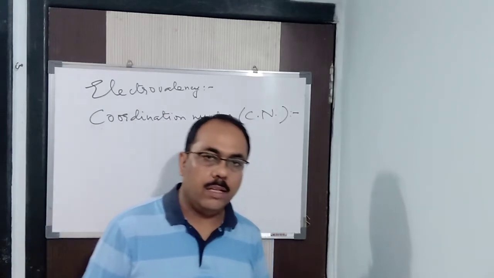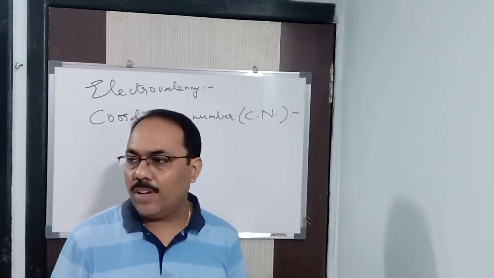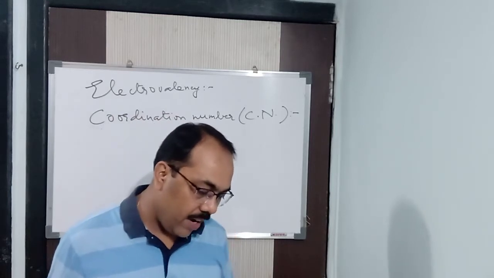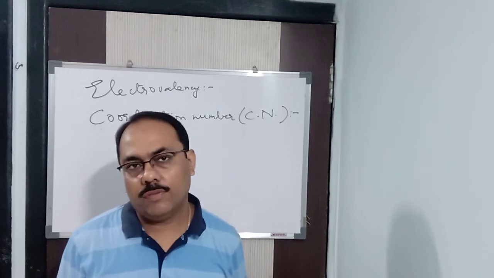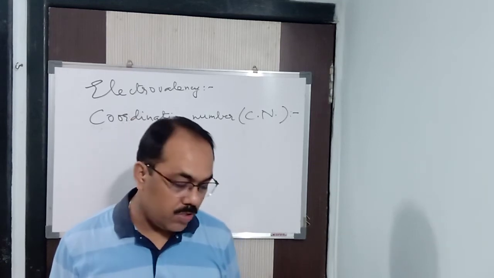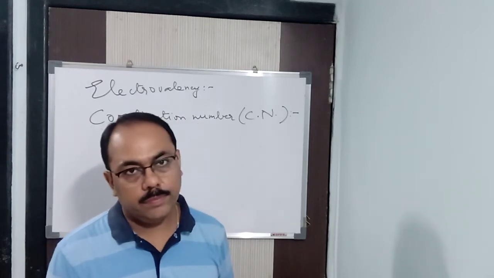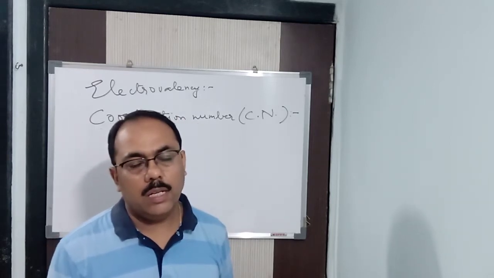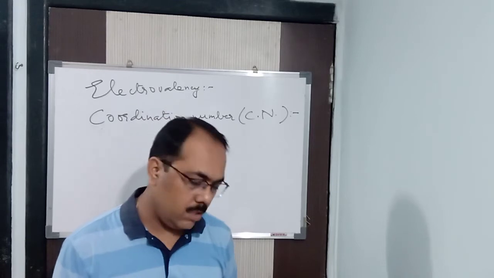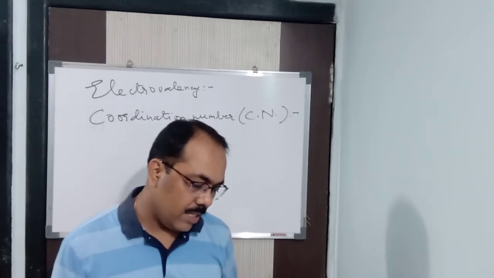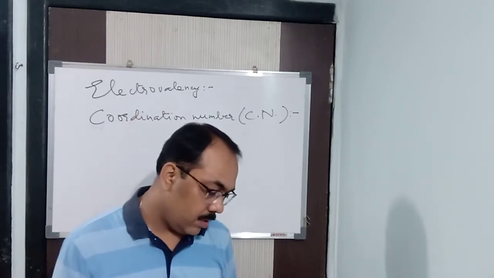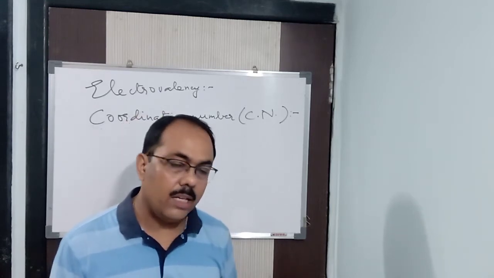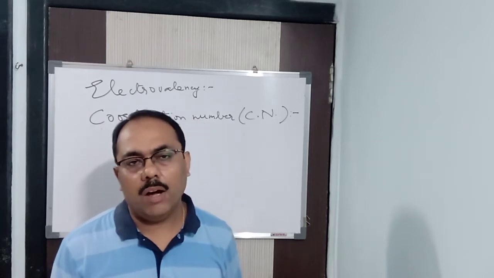The coordination number of an ion may be defined as the number of oppositely charged ions present as the nearest neighbor around that ion in an ionic crystal.